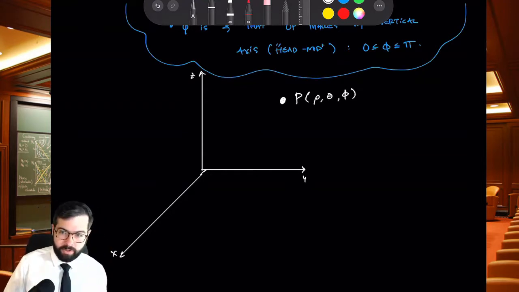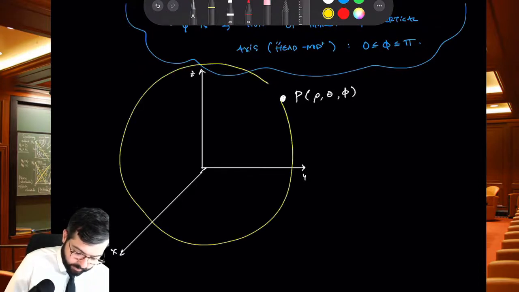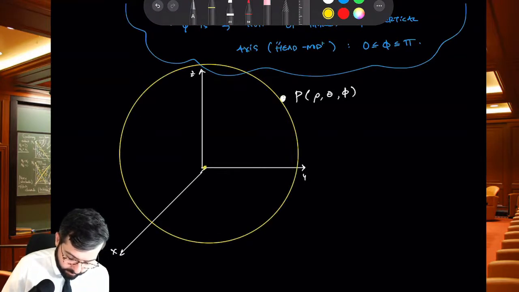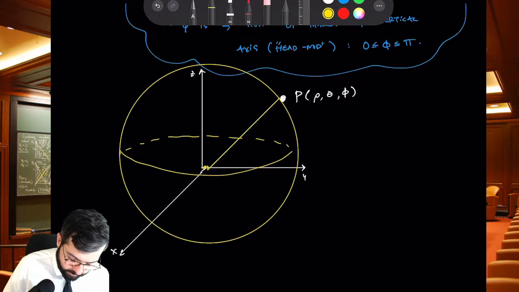So from here to here, let's do this. Imagine this was a sphere centered at the origin, and this length here is rho.